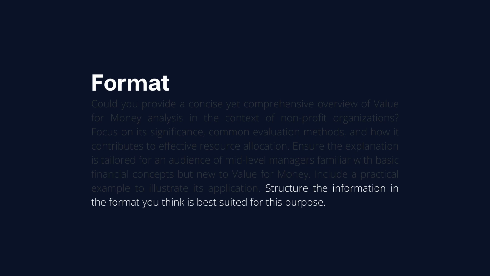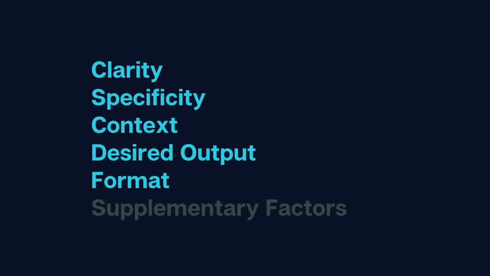In summary, mastering the art of crafting great prompts for Chat-GPT involves 5 key elements: clarity, specificity, context, desired output, and format. By incorporating these elements and embracing iterative refinement, you can unlock valuable insights and make informed decisions.